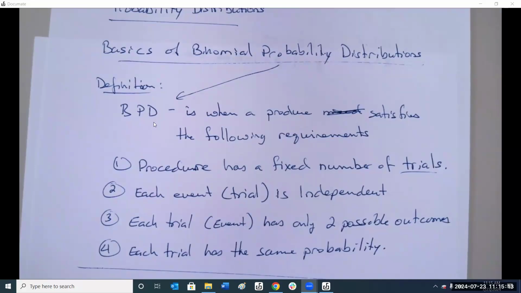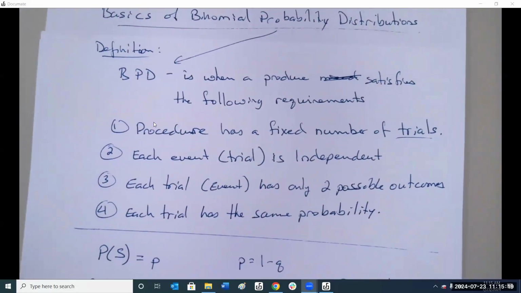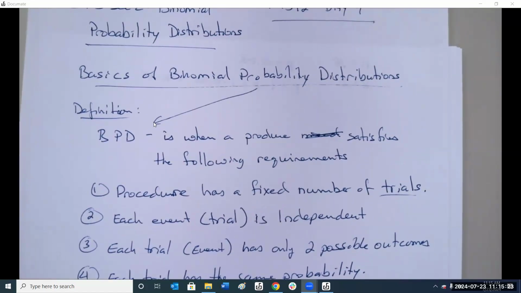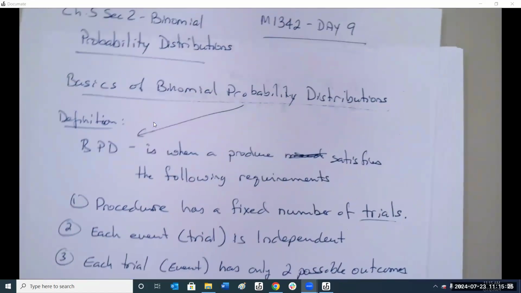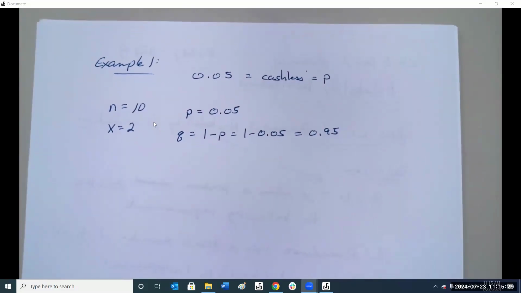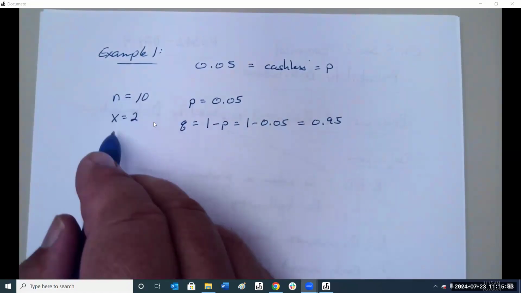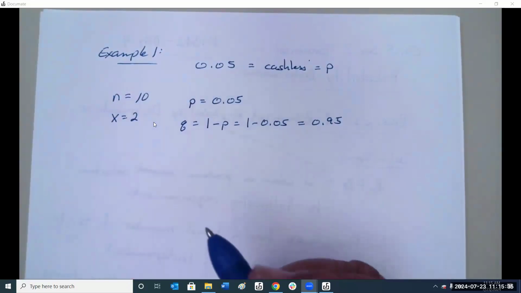Yep. So it is a binomial distribution. Correct, because it has to follow the 4 requirements. And then we labeled n, x, p, and q.